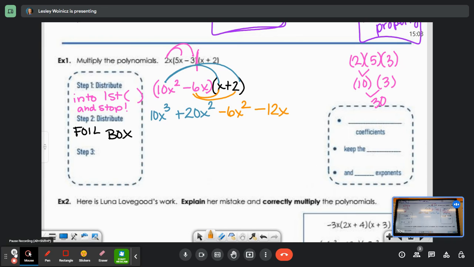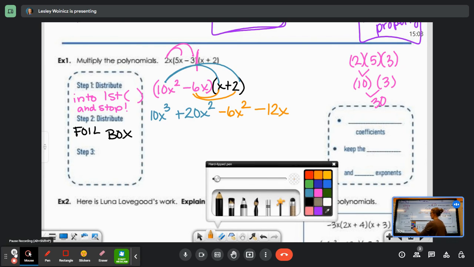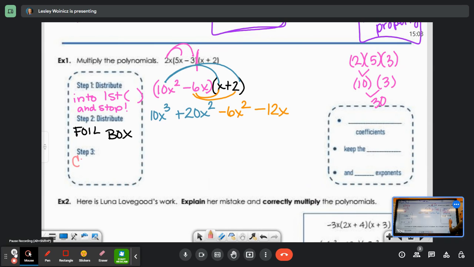What do you think the last step is? Yes, combine like terms. Perfect.